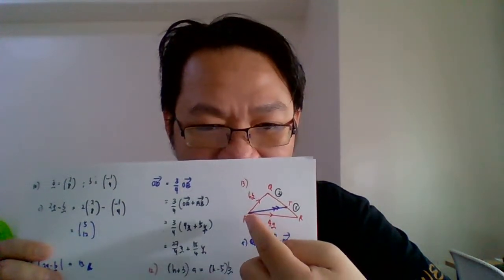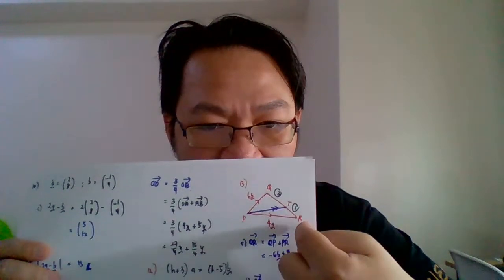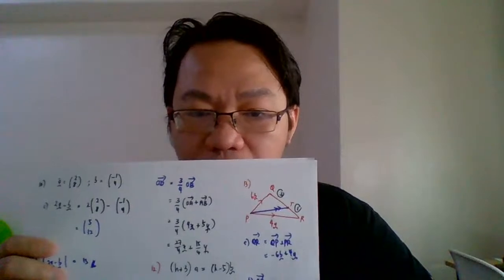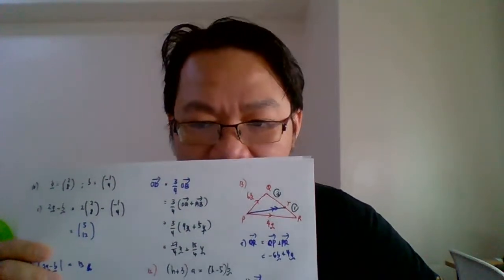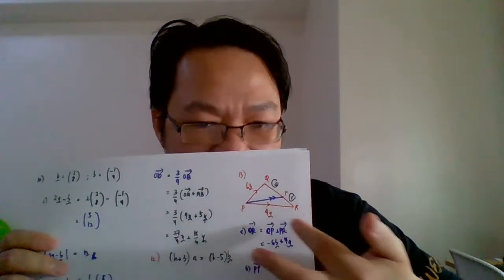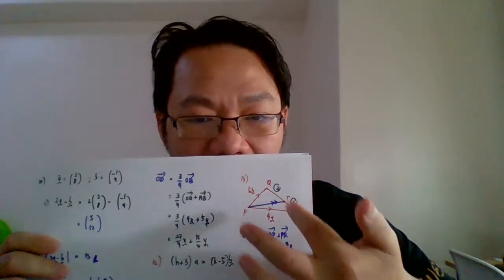First is a shortcut: PR, RT or PQ, QT. It's up to you which direction you want to use. It doesn't matter. I'm using the bottom one, the shortest path. So PR, RT. PT equals PR plus RT.